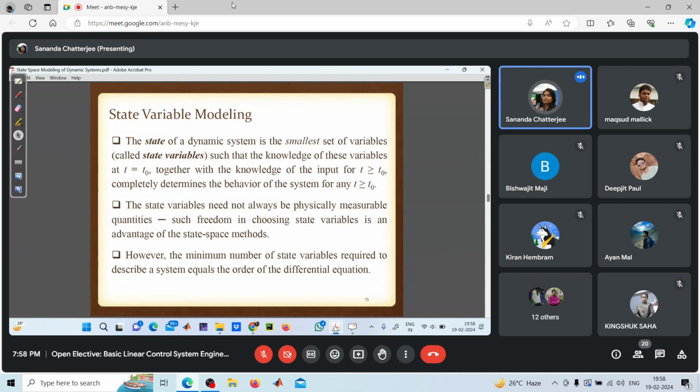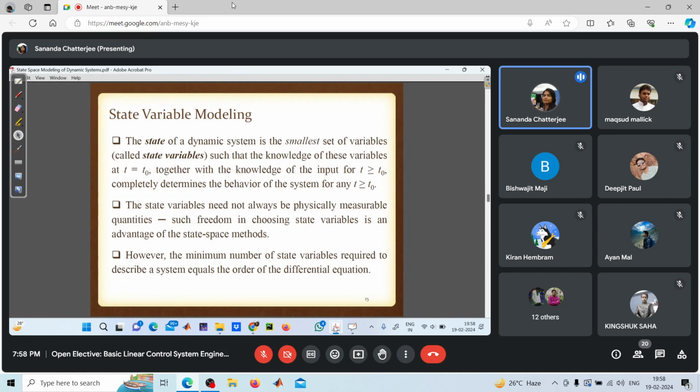Therefore the dynamical system will have some variables that are able to represent the system at a point of time.